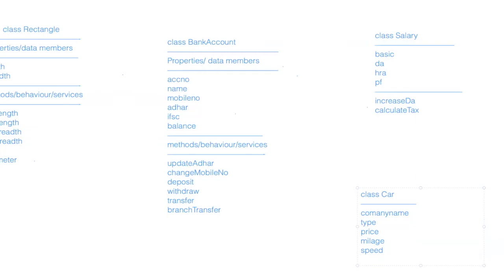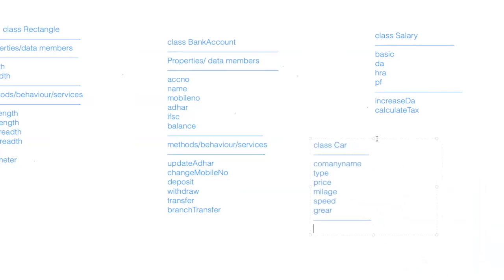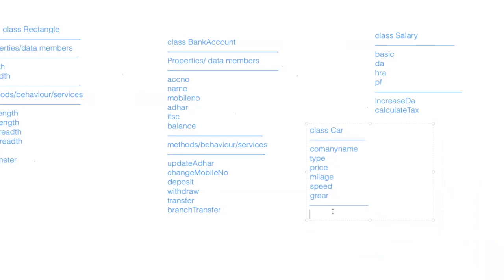Suppose you include one more feature called gear up, gear down. So you can also have those methods in this class, isn't it? So by changing properties, the behavior is going to change; I mean, with the behavior only we are able to change the properties.